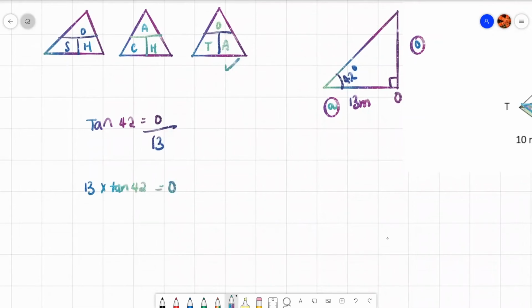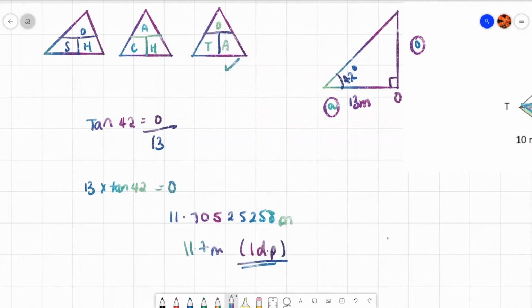I'm going to tap that into my calculator. Okay, and I'm left with 11.7052558. Okay, it's meters, not centimeters. If I round that to one decimal place, 11.7 to 1 dp, so the examiner knows that I rounded to 1 dp.